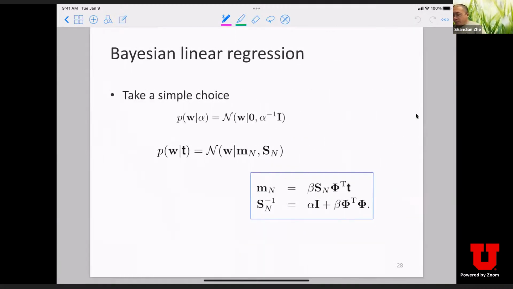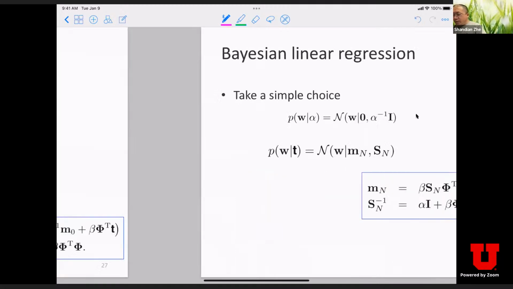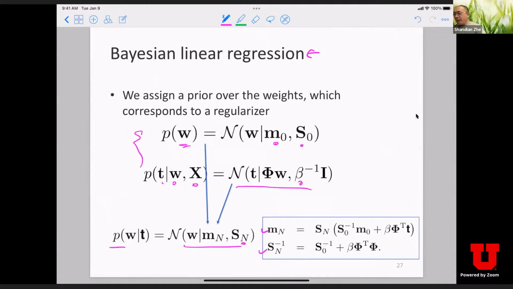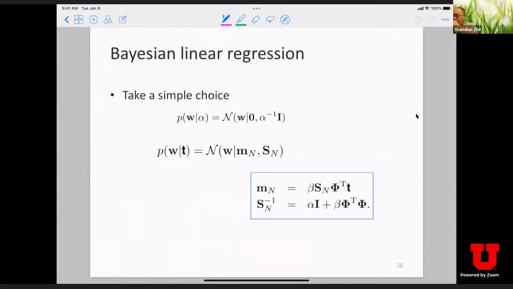So in practice, we won't assume that this S0 is a dense prior covariance matrix. For convenience, we usually assume that the prior mean is simply the 0 vector, and the prior covariance is just alpha inverse I, where alpha here is a number.